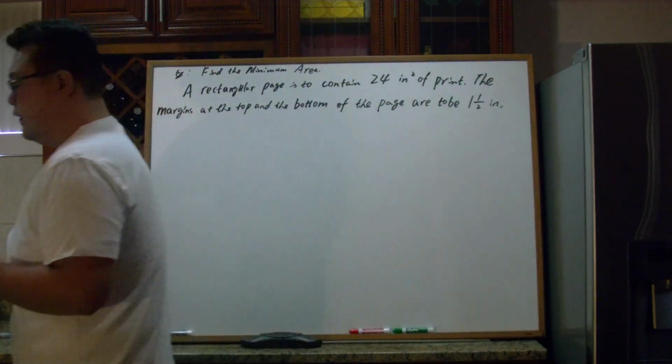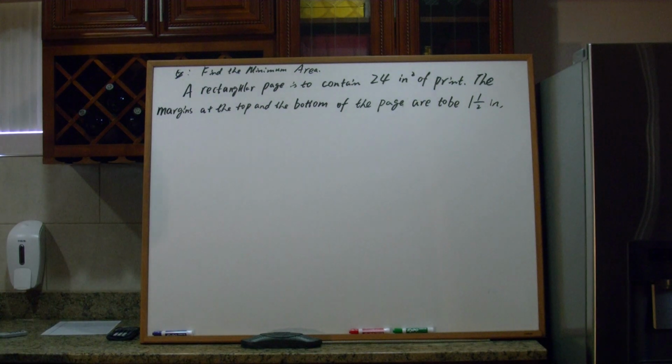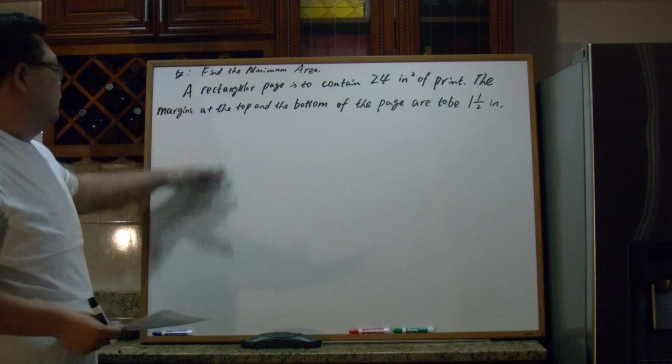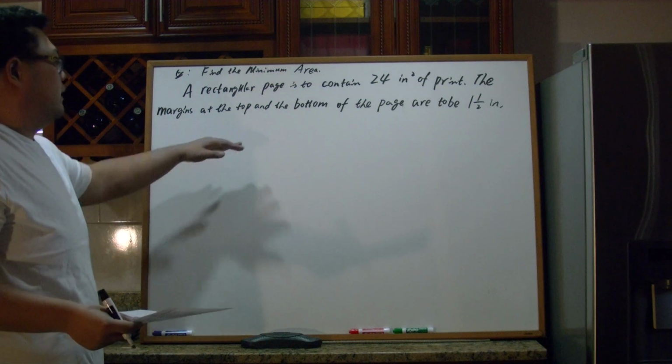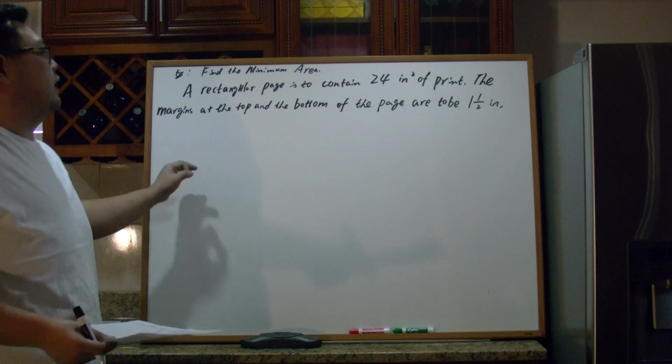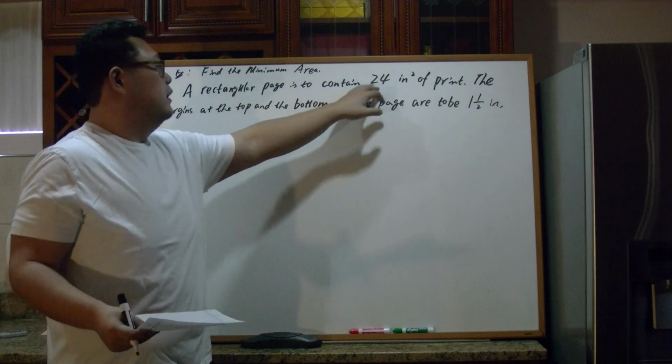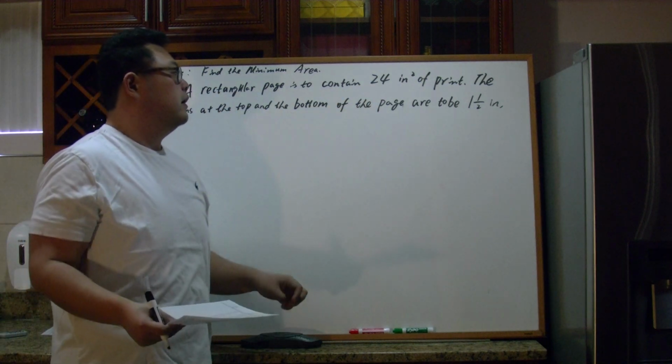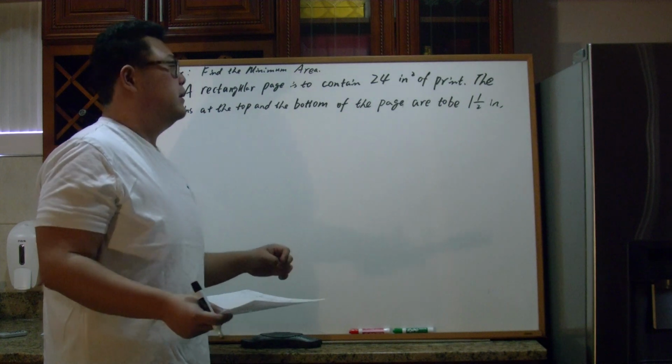Right, when we have a paper, we usually will not use the entire page to print, but we set a margin on top, bottom, left and right to print it, where the page contains 24 square inches of print.